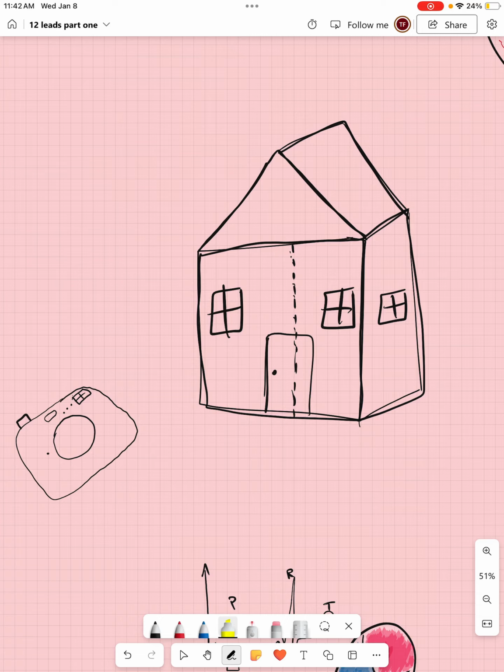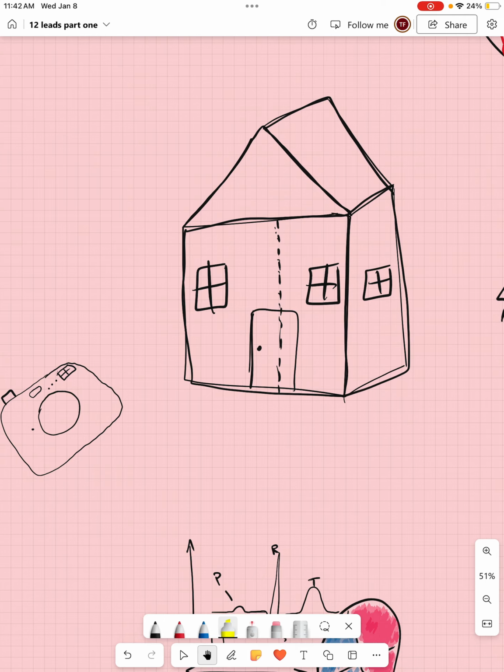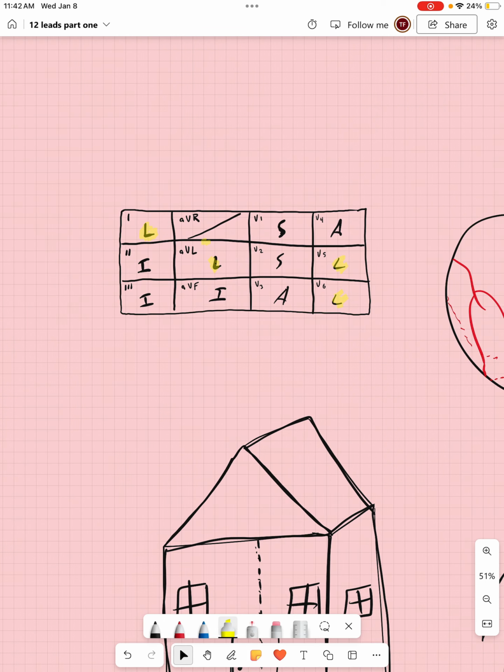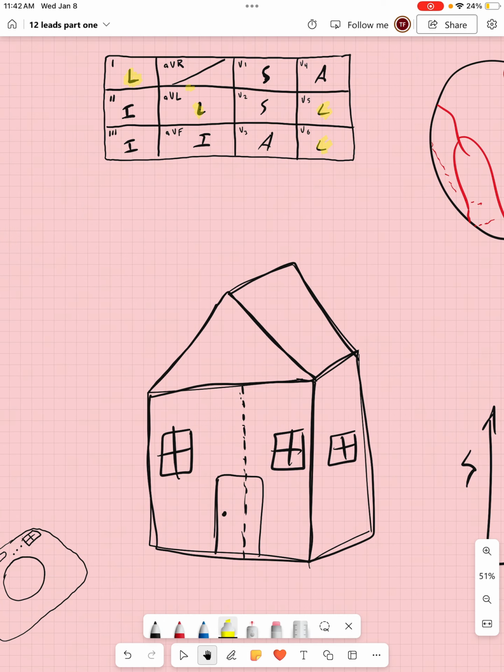And so you're going to get an inspection on the house, and you're going to either send someone to go out, look at it, or you're going to go look at it yourself. And so that inspector is going to take pictures of this house. And so just like pictures of this house, a 12 lead is taking pictures of your heart here.